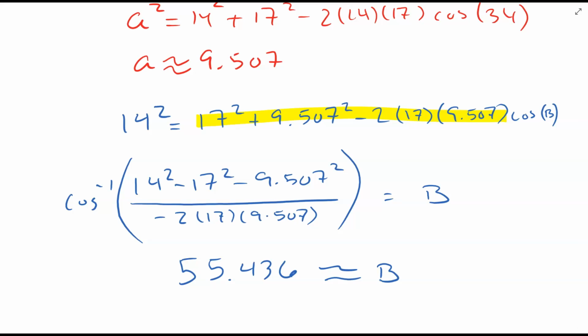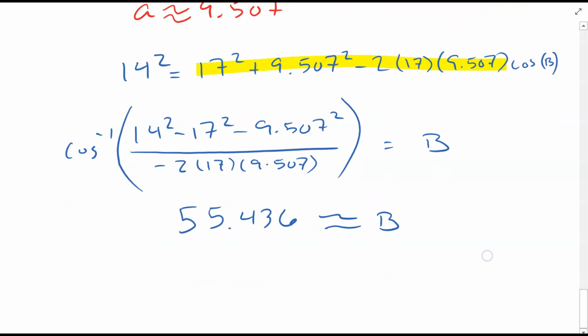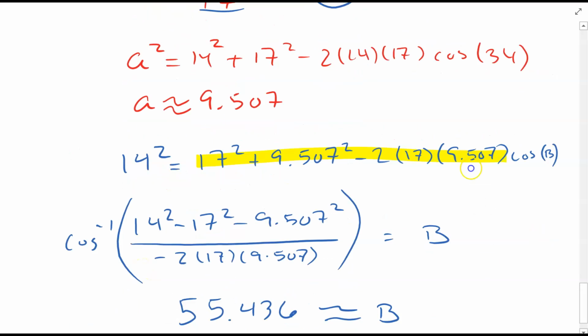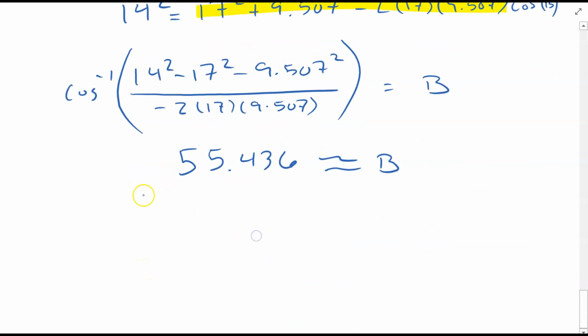Everybody good there? Okay. How am I going to find the last angle? What's the last angle I have to find? C. Yeah. So we'll just do 180 minus the other two angles.